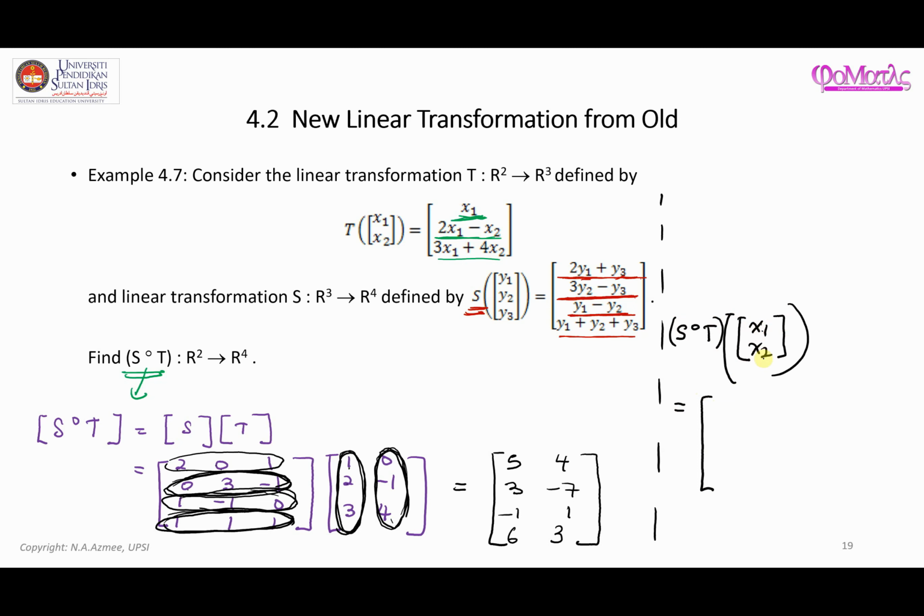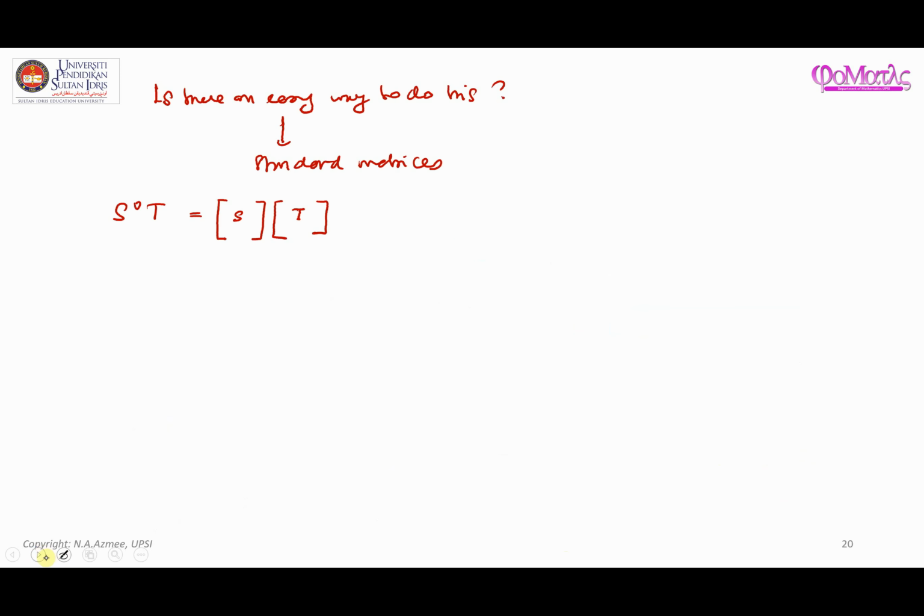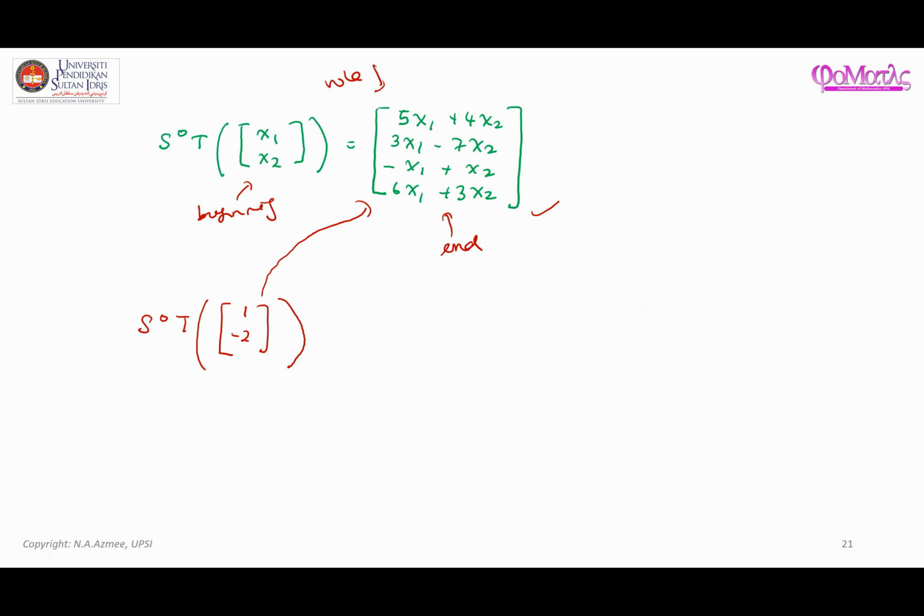For the first line, the result is 5x1 plus 4x2. The second line is 3x1 minus 7x2. This one is negative x1 plus x2. And finally, 6x1 plus 3x2. So the result here is similar to what we have done in this part here.